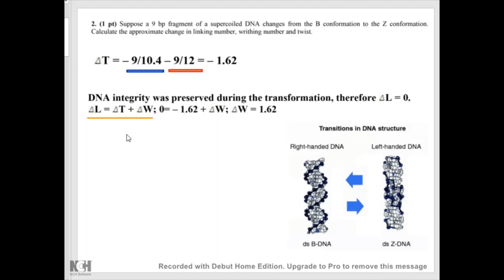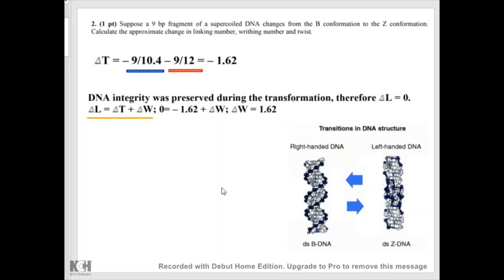And then we plug in this change in the twist in the equation. Delta L equals delta T plus delta W. Okay. Now, of course, we cannot solve this equation because two parameters are unknown. Let's see what is the change in the linking number.